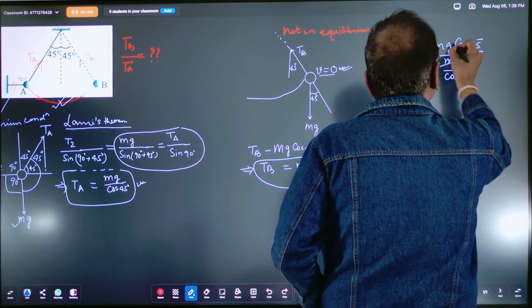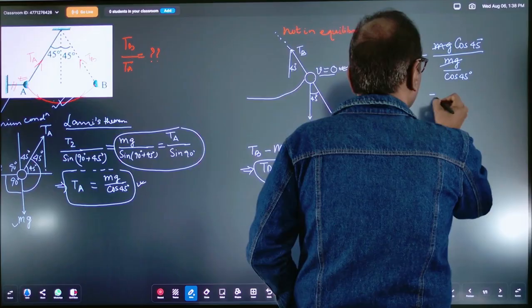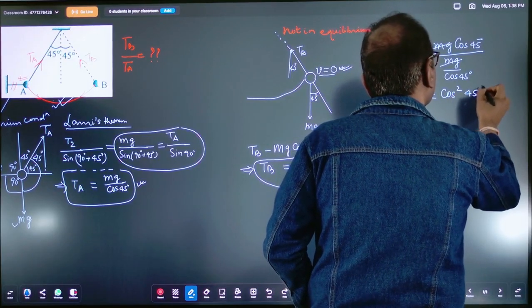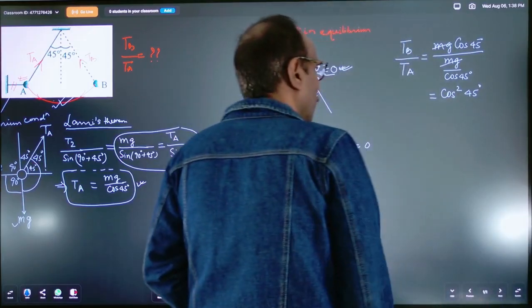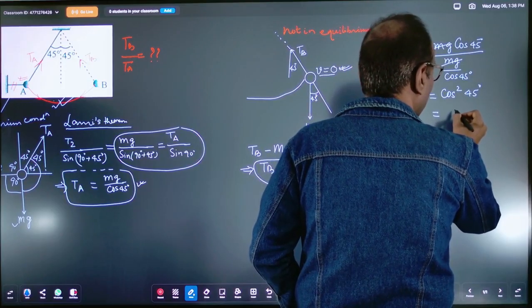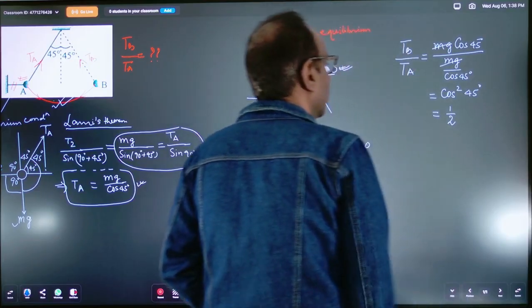So your mg will cancel out. This will become equal to cos square 45 degree. Cos 45 degree is 1 by root 2. So cos square will be 1 by 2.